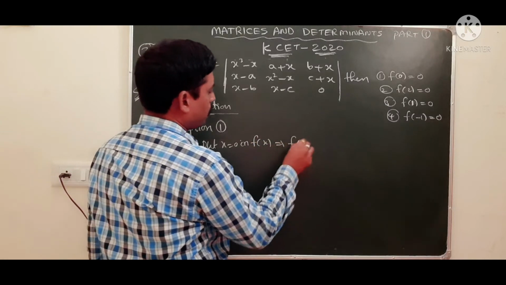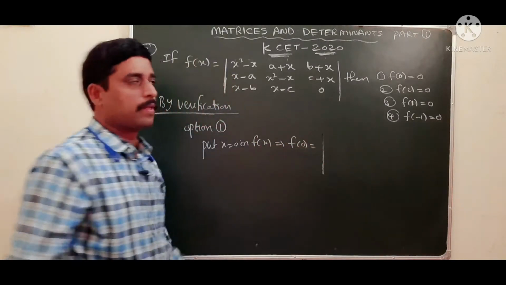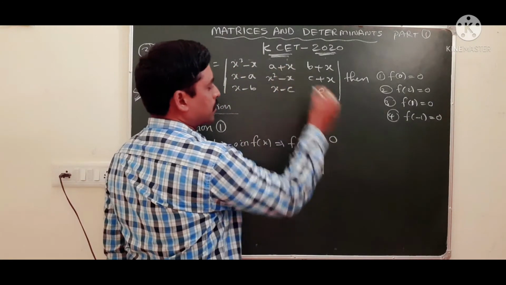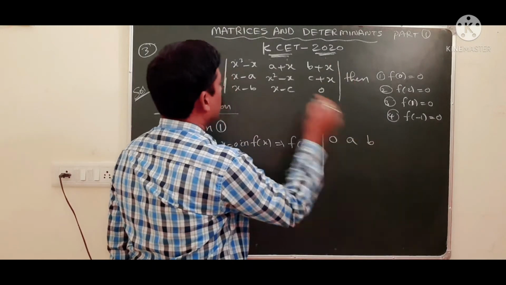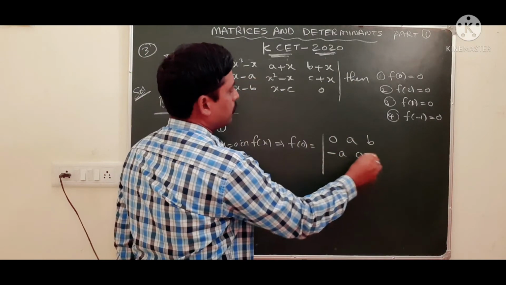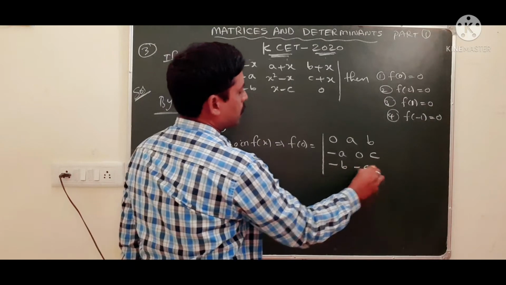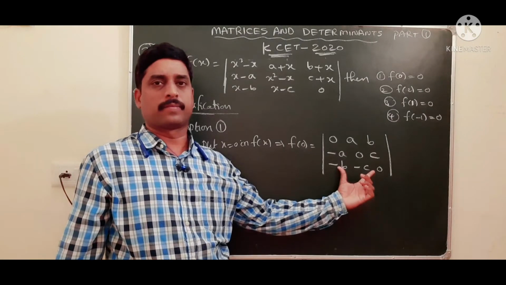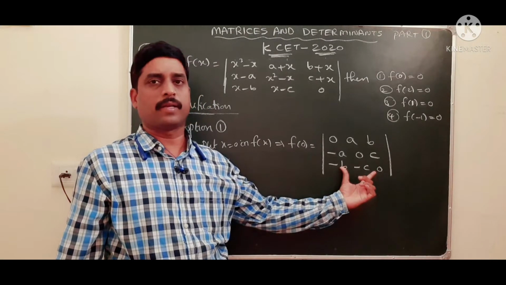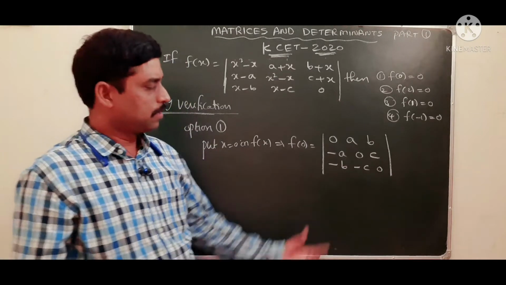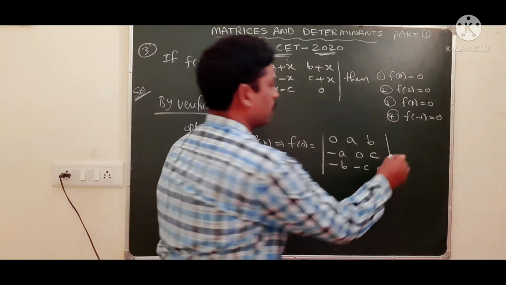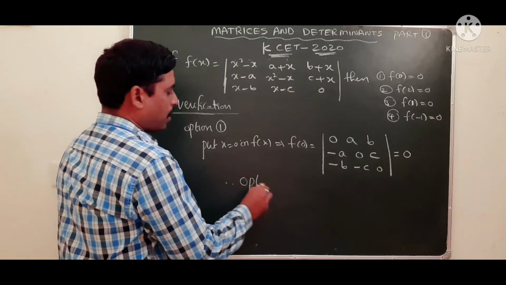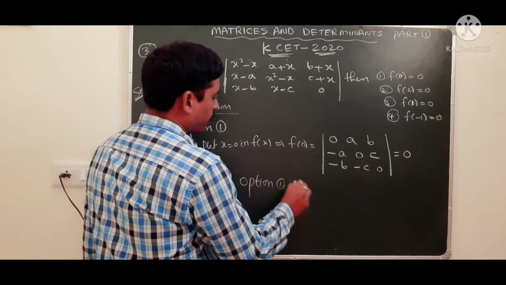Substituting 0, we get the matrix 0, a, b; minus a, 0, c; minus b, minus c, 0. This is a skew symmetric matrix, and the determinant of a skew symmetric matrix of order 3 is 0. So f of 0 is equal to 0, therefore option 1 is verified.